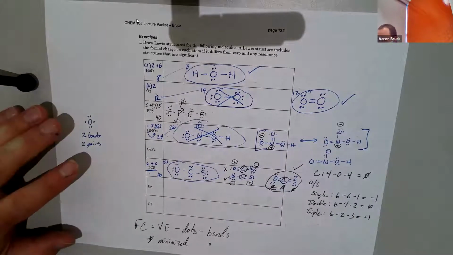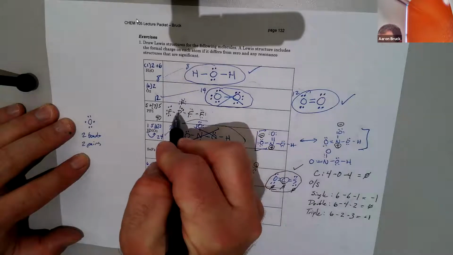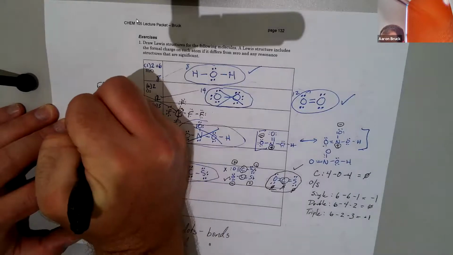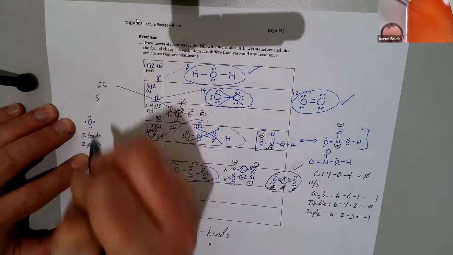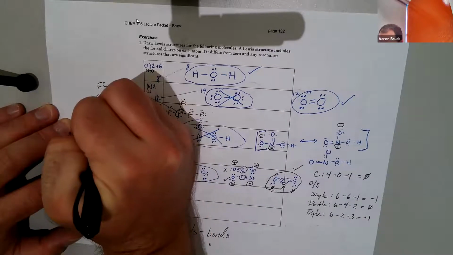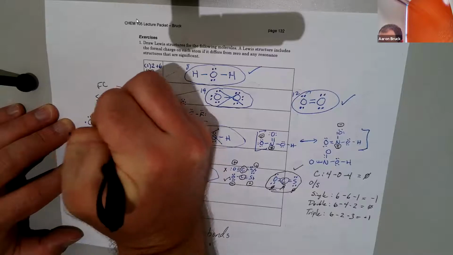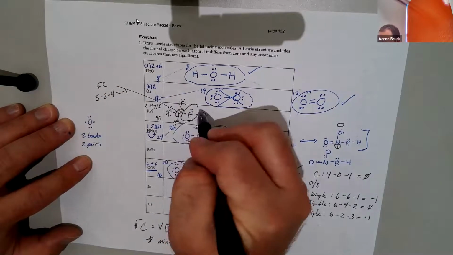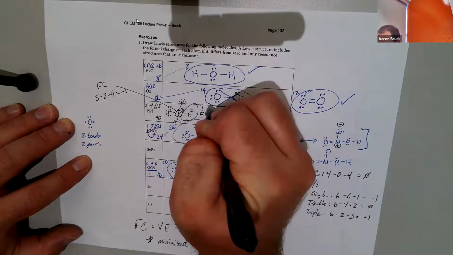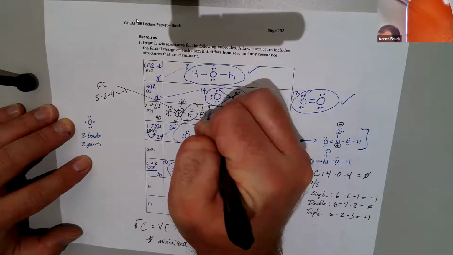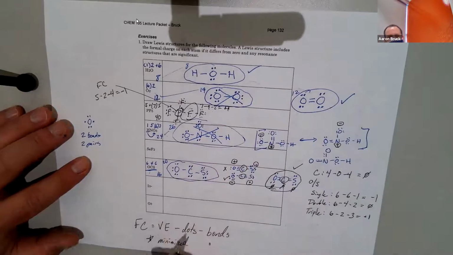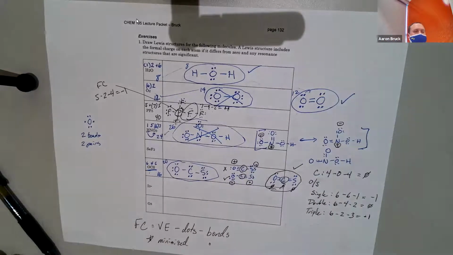And if I do so, from a formal charge standpoint, I have phosphorus, 5 valence electrons, minus 2 dots and 4 bonds. That's a -1 charge. If I look at this fluorine, I have 7 valence electrons, minus 4 dots and 2 bonds, +1 charge. And this is problematic also.